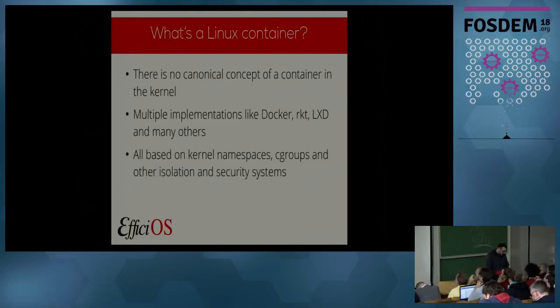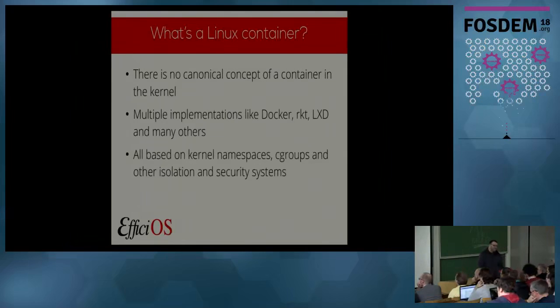And then for the container part, well, what is a Linux container? I'm sure most of you won't be surprised to know that there's no actual concept of a container inside the Linux kernel. It's multiple subsystems like cgroups and the namespaces that are combined to make different third-party implementations like Docker, Rocket, LXD, and many others.